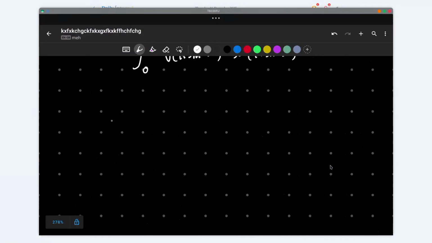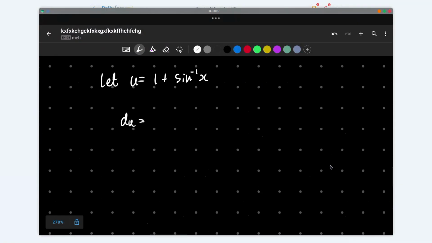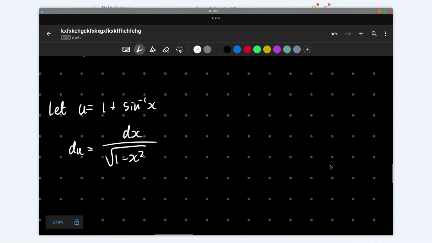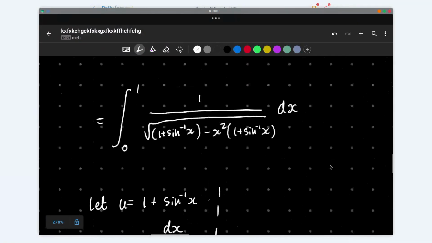Then the goal is to just say u equals 1 plus arcsine x. Then du would be equal to dx over the square root of 1 minus x squared, with some repercussions, because I don't know how this is going to go.